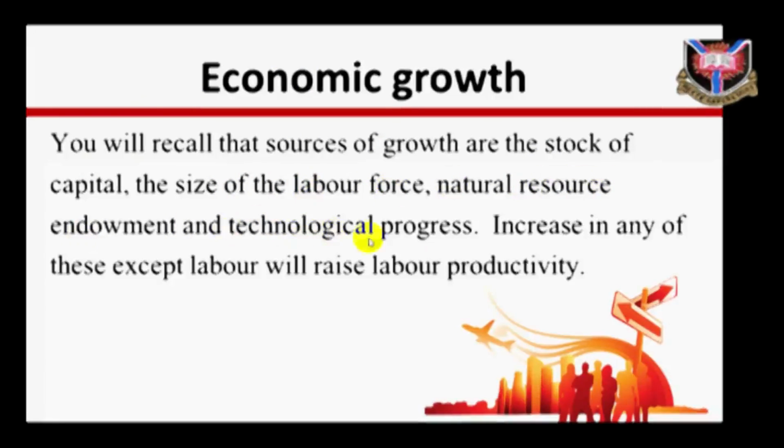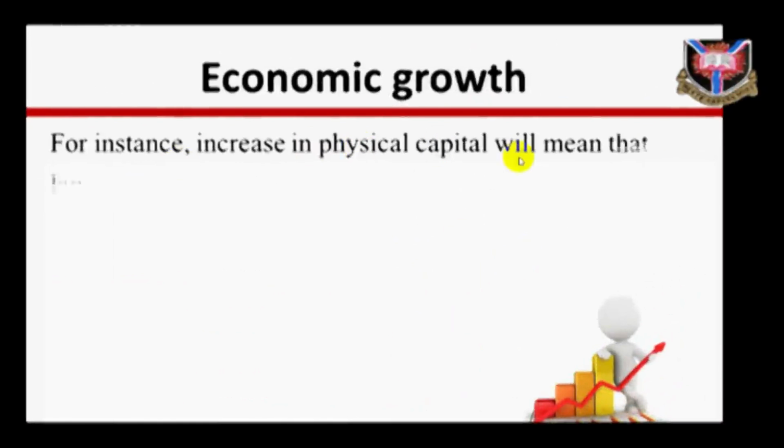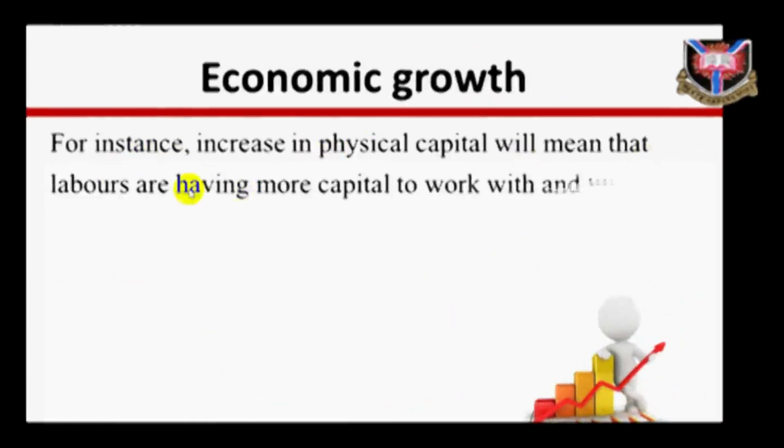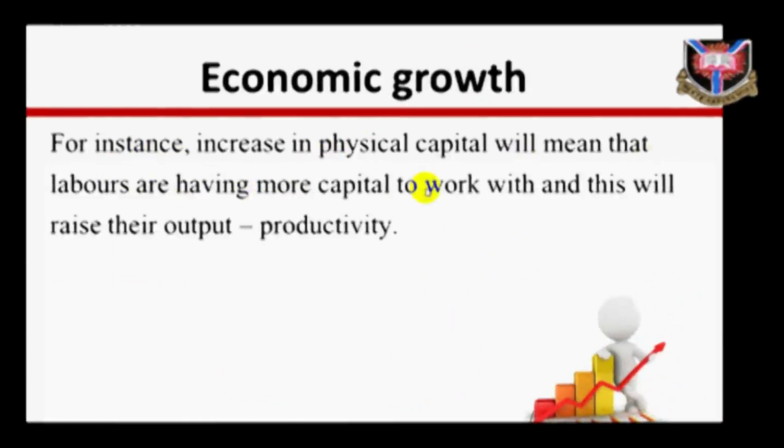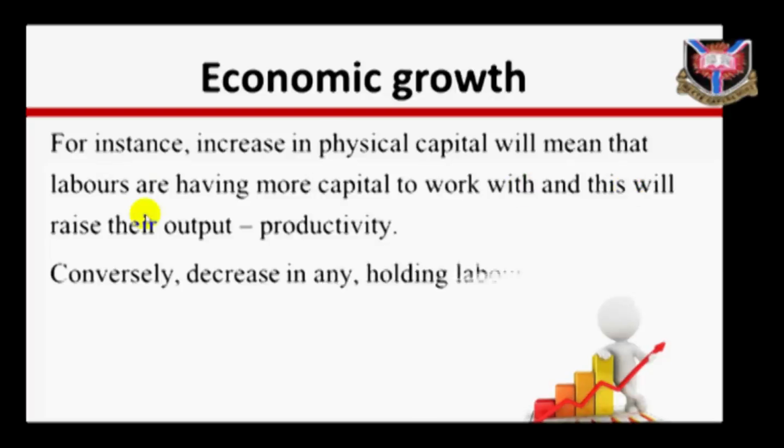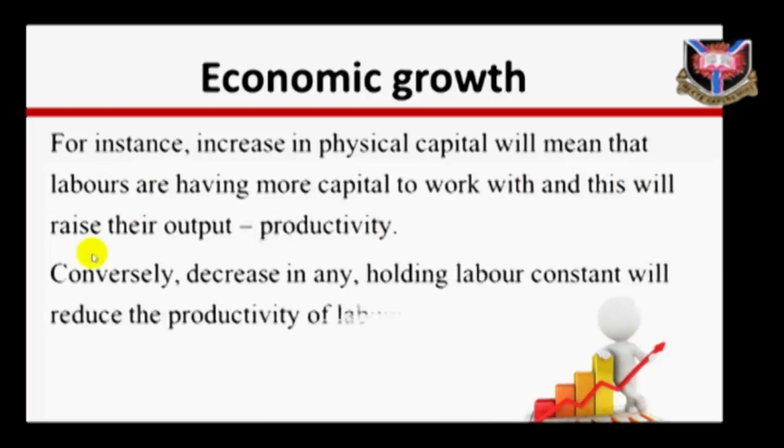Increase in any of these except labor will raise labor productivity. For instance, increase in physical capital will mean that labor are having more capital to work with, and this will raise their output, that is productivity. Conversely, decrease in any, holding labor constant, will reduce the productivity of labor.